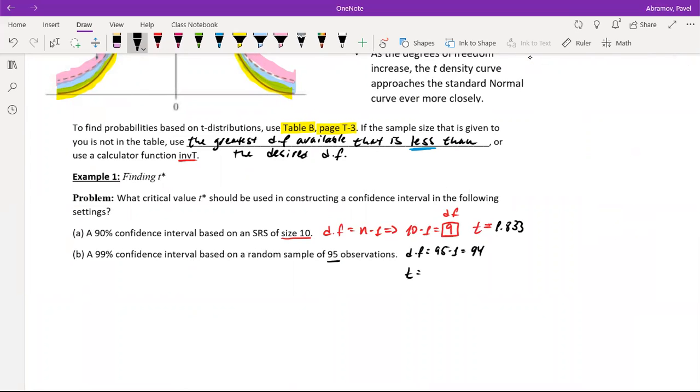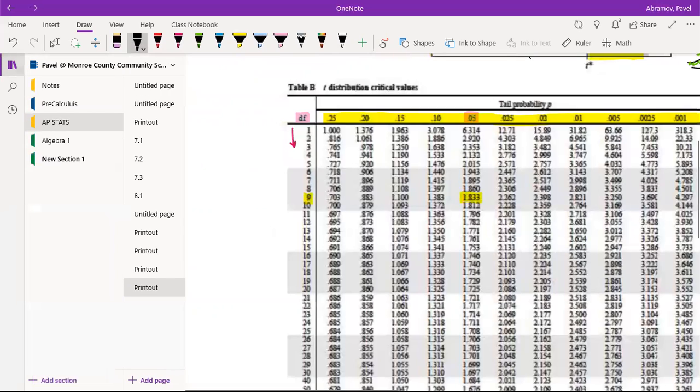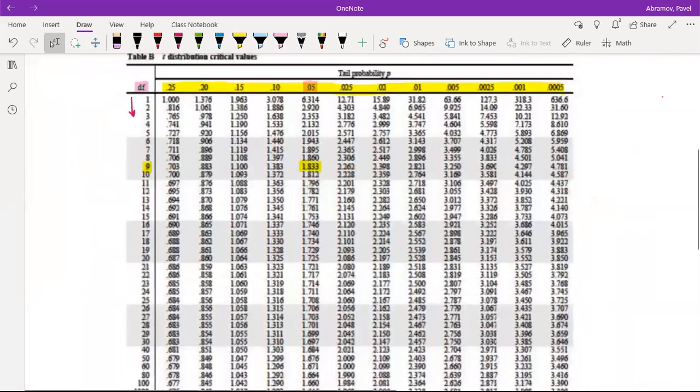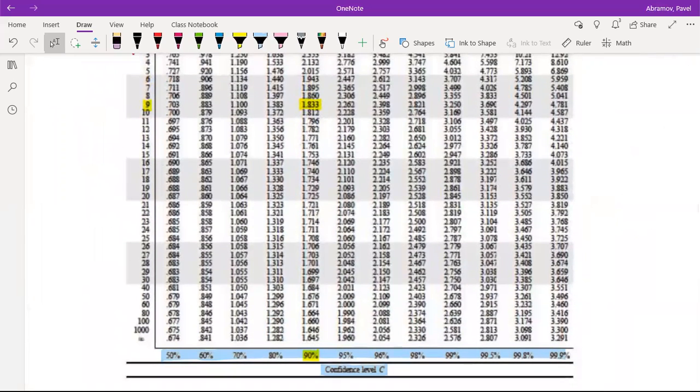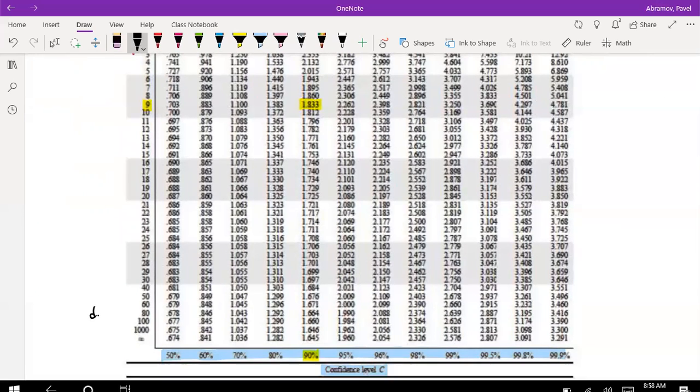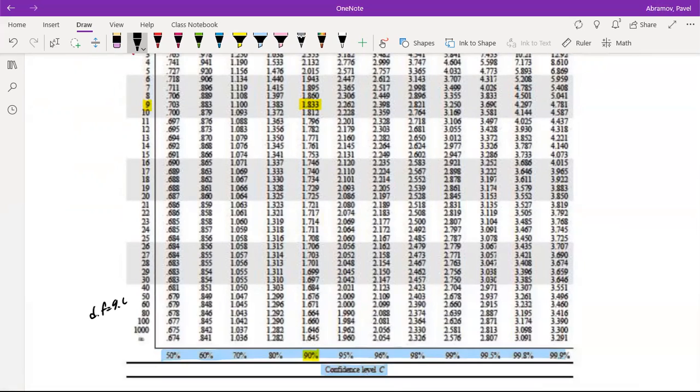And now based on this degrees of freedom, we need to find our value t. Well, here we run into a problem. If we look at our degrees of freedom, we don't get 94 degrees of freedom. Remember that our degrees of freedom is 94. We clearly don't see 94 in this table. And then remember that you always will round down.